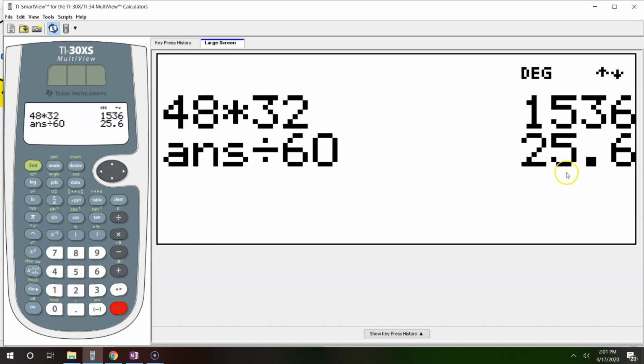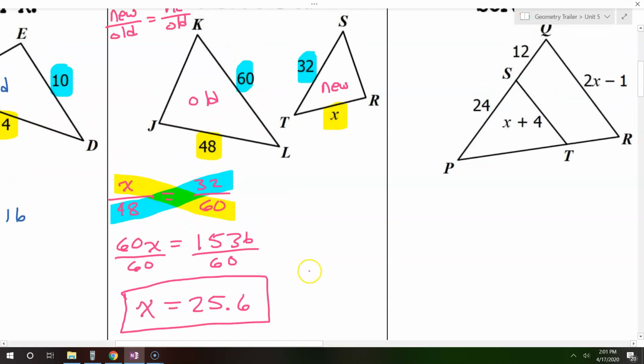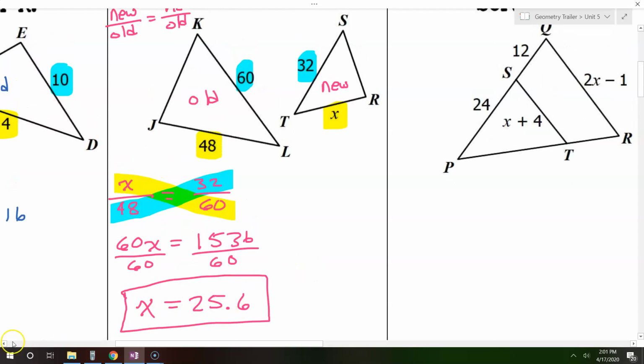So we get 25.6. I always get a little nervous when I get a decimal because very often the answers come out to whole numbers, but not always. So if we didn't make a careless mistake, then there you go.